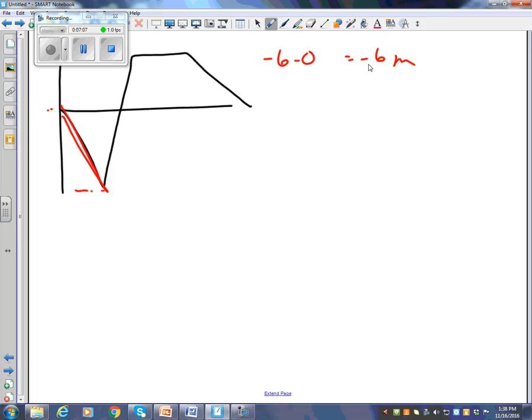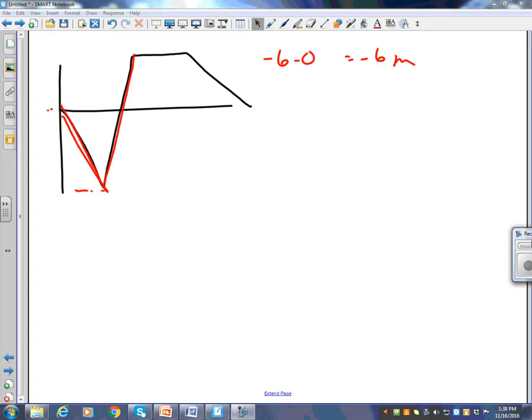Part B, V bar from 3 to 5. 3 to 5 is this part right here. Velocity on a position time graph is the slope. And so you go and find the slope. This point right here is at 5, 8, right? And this point down here is at 3, minus 6.